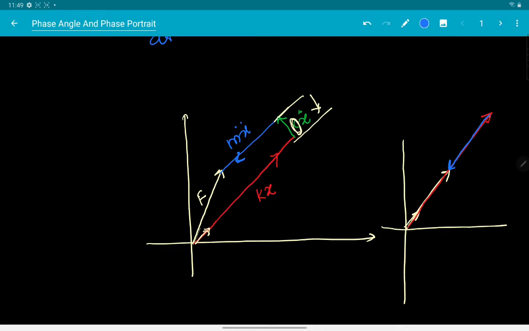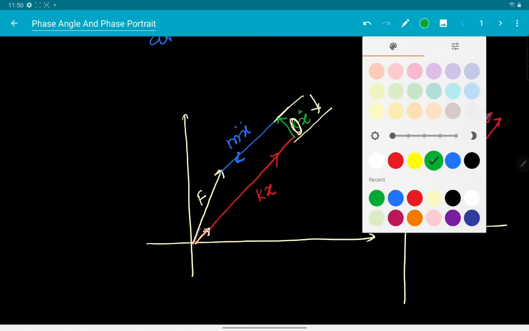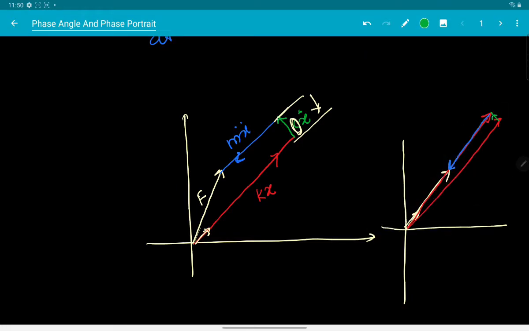If you increase c slightly, then k x is going to take this kind of position, and this is what will be c x dot.